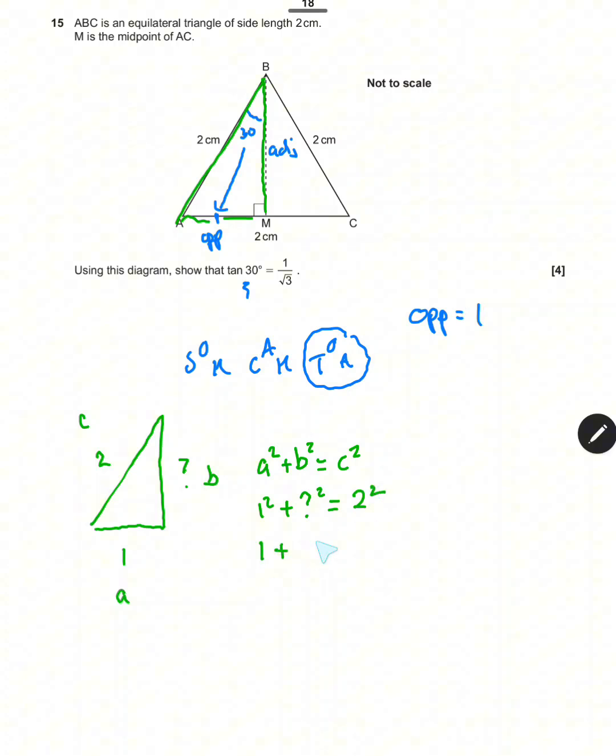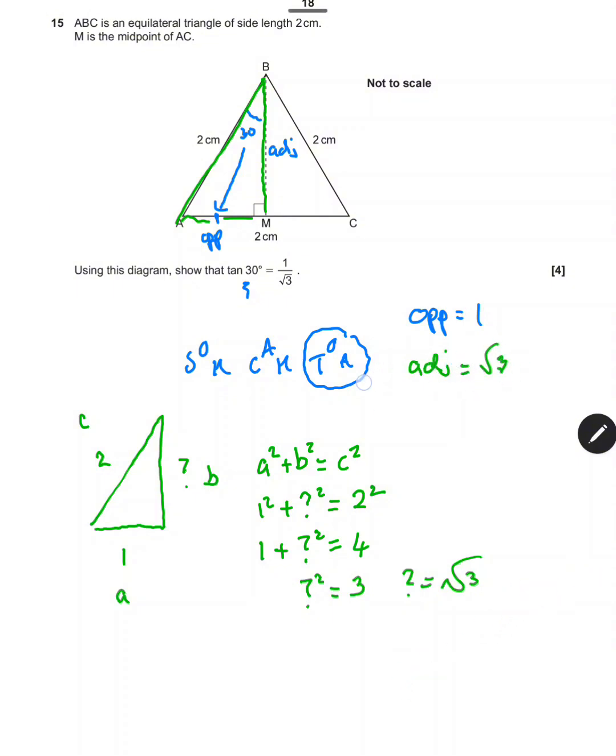This comes out at 1 plus question mark squared equals 4. 2 squared is 4. Question mark squared will be 4, take away 1, which is 3. And therefore question mark is the square root of 3. Question mark is actually my adjacent, so my adjacent is root 3.